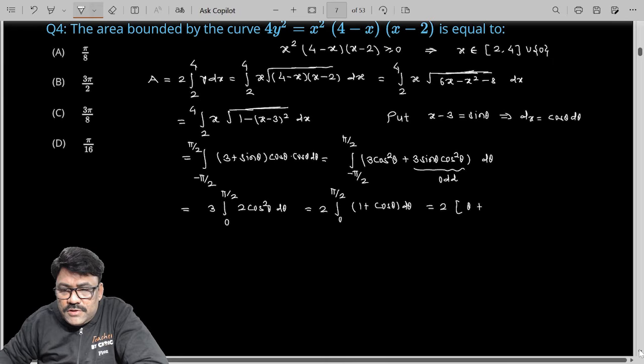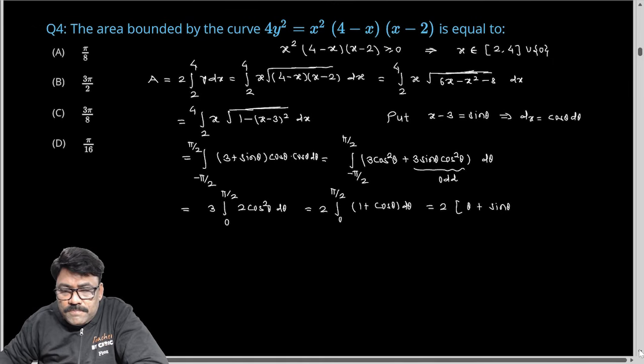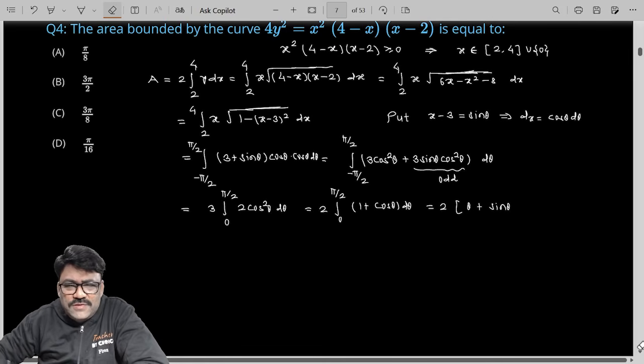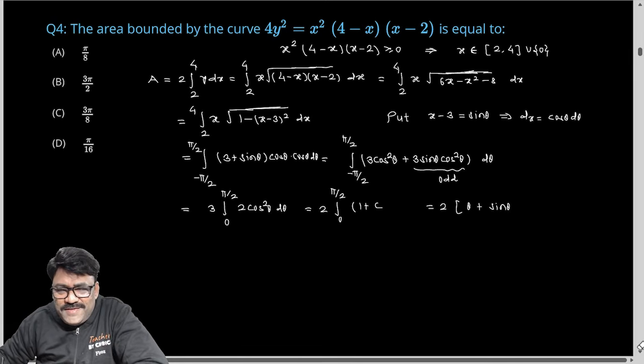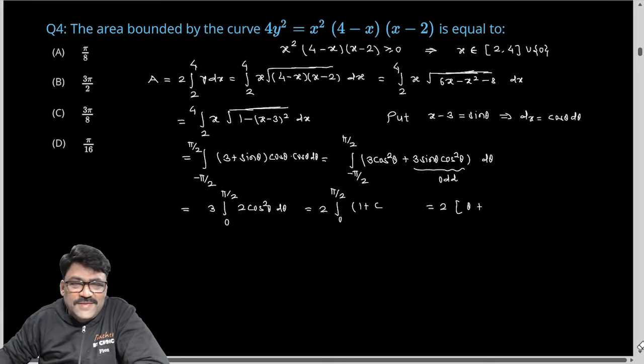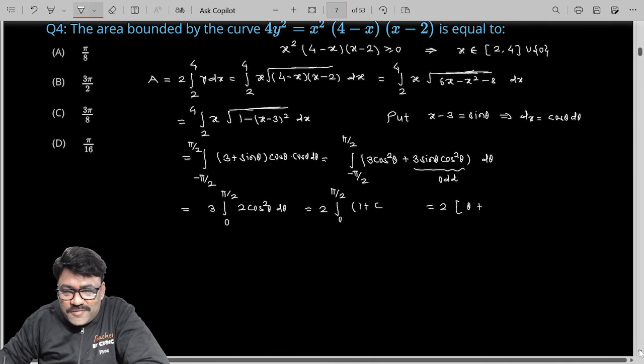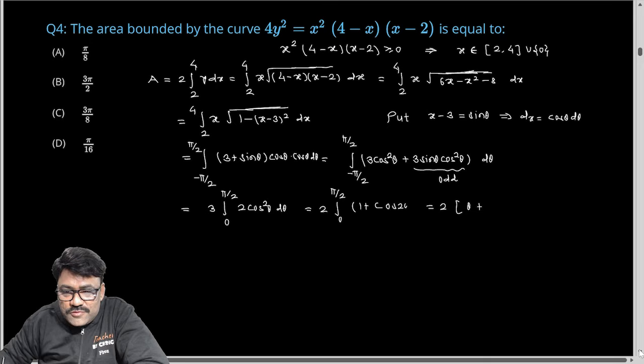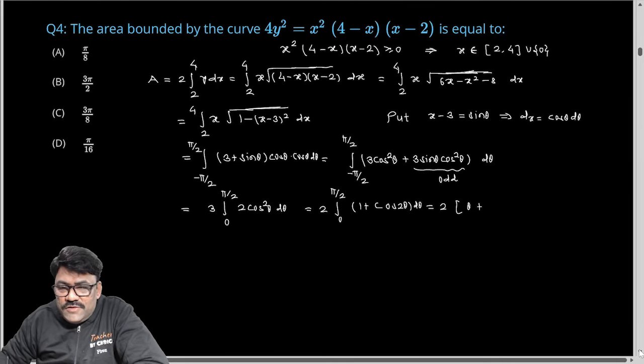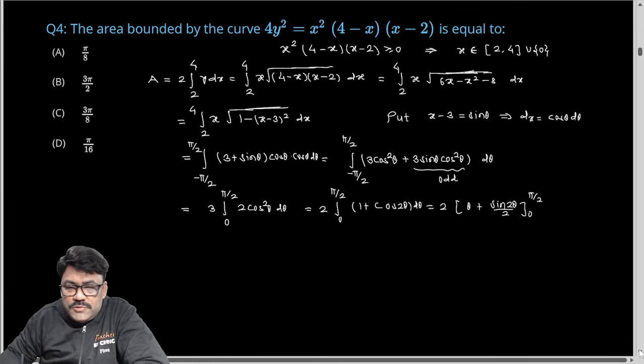Why am I making such a mistake? 2 cos square theta is 1 plus cos 2 theta. So now it is 2 times theta, and integration of cos 2 theta will be sin 2 theta by 2, from 0 to pi by 2. Now substitute the limit. So it is what?